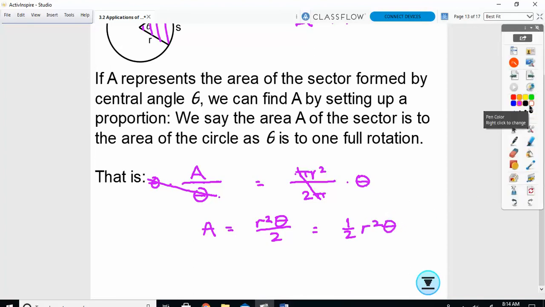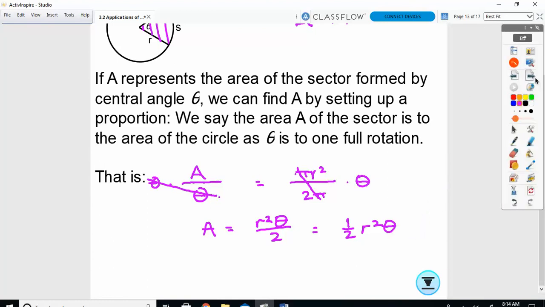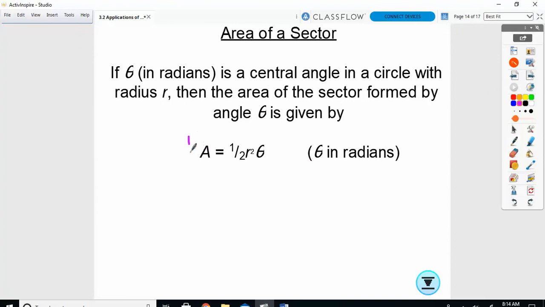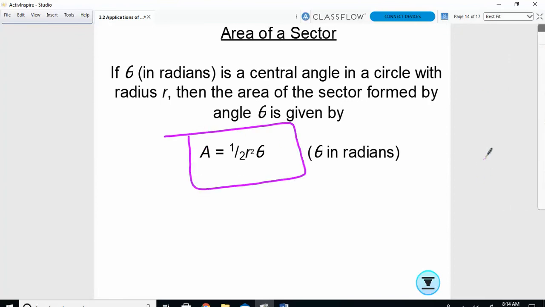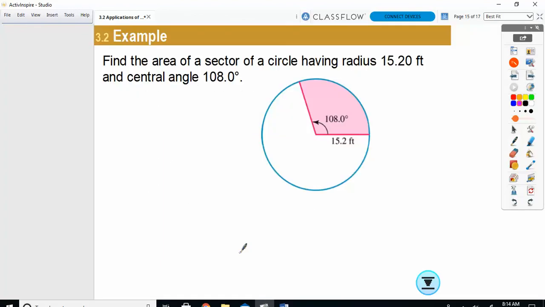So that is the next slide. I did just give you the formula. Again, it'll be on the formula sheet. Just like everything else, for this to work, theta has to be in radian form. So that's our formula for area of a sector, so a portion of a circle.